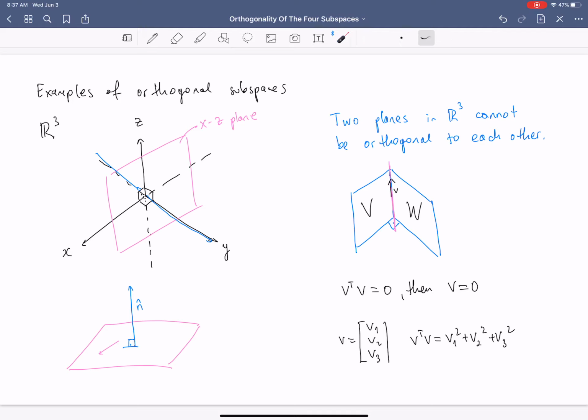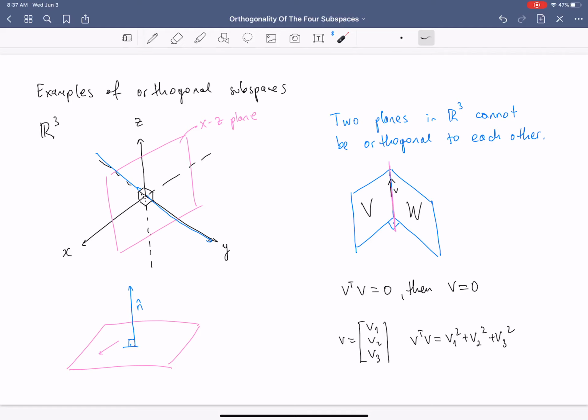So if any of these, v1, v2, v3, is non-zero, then the square will be a positive number, right? And because all of these things are at least 0 or positive because you're squaring, the sum is 0 if and only if v1, v2, v3 are all equal to 0.